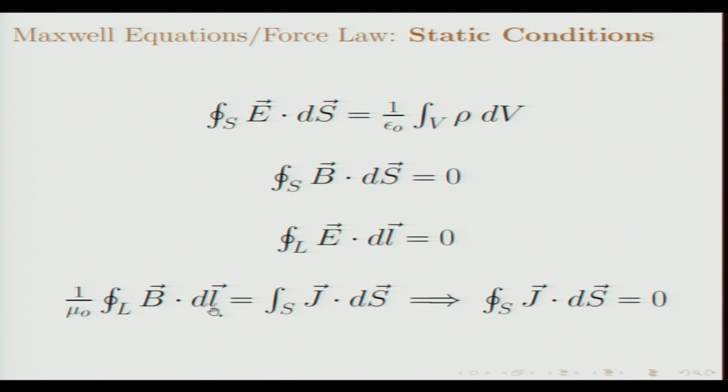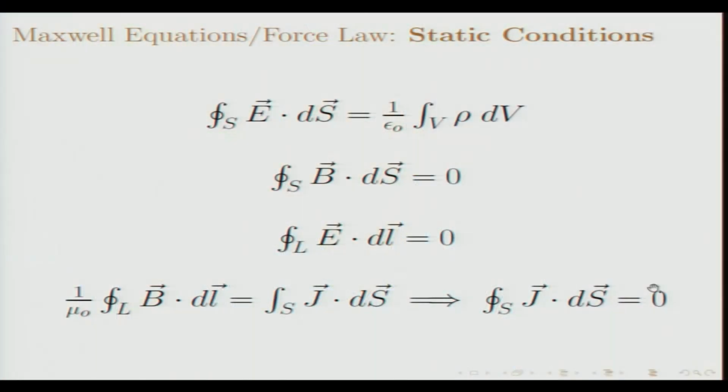In fact, since the total electrical current entering a surface, if you take a closed surface and look at the current entering and going out, if the current going in is more than the current going out, you will have a buildup of charge. So, charge will go on increasing.